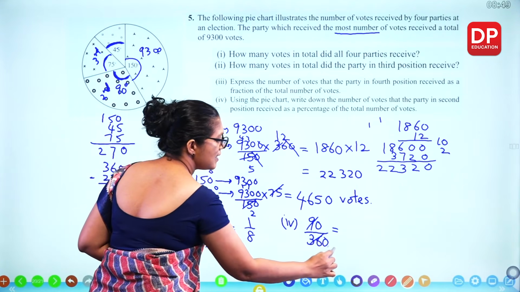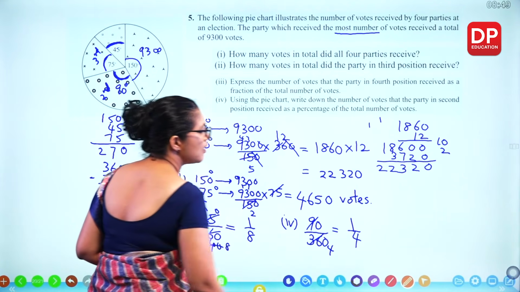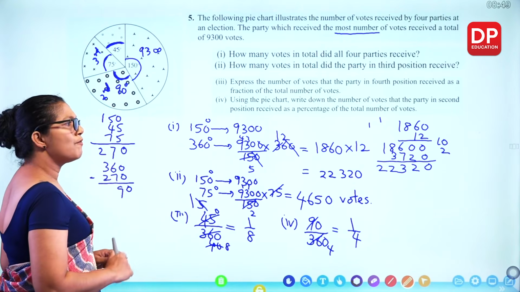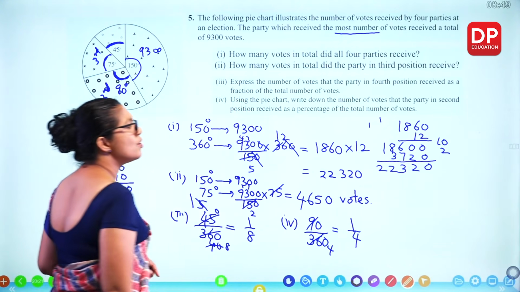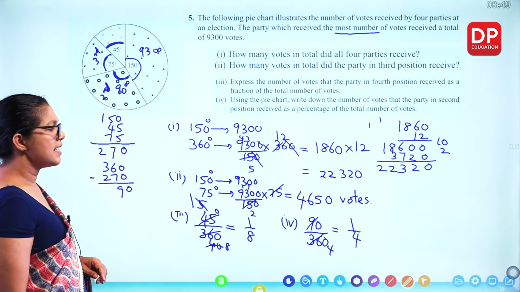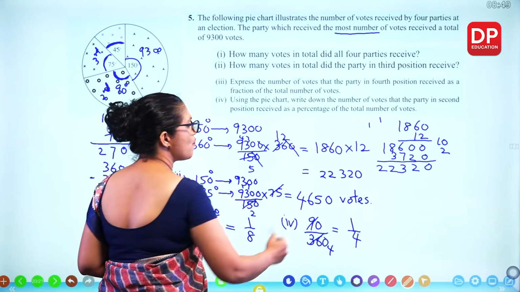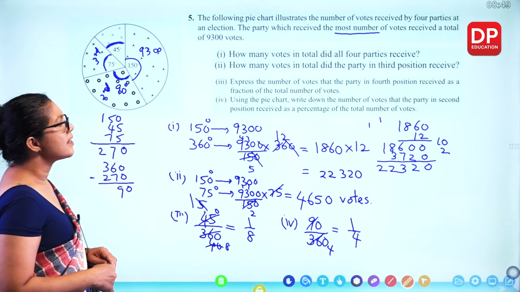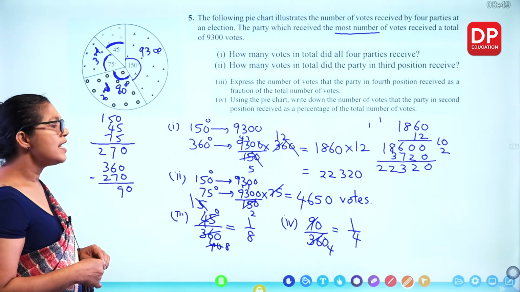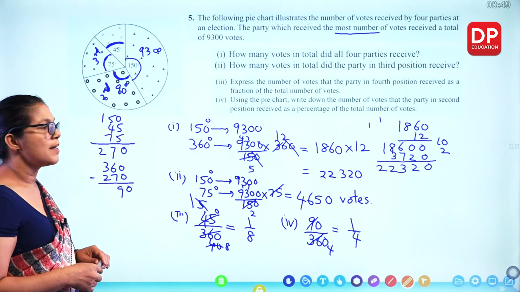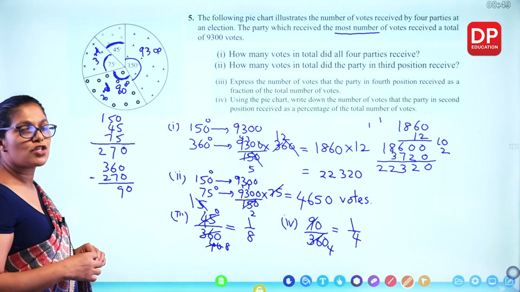We can see easily this is 1/4 of a circle. 1/4 of a circle means out of 22,320, this is 1/4. And you are asking what this value is as a percentage? Here we don't need to find the number of fourths, because we found the fractional part.